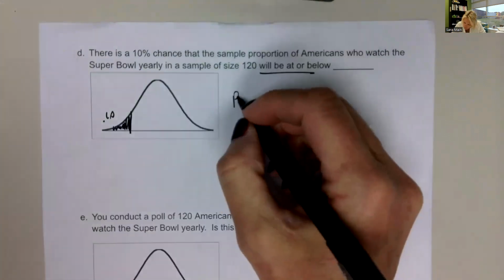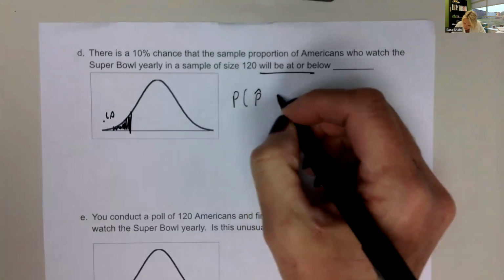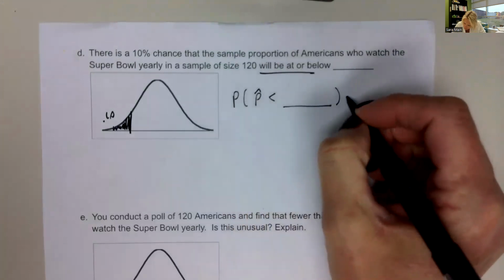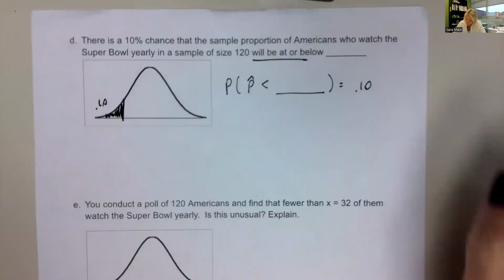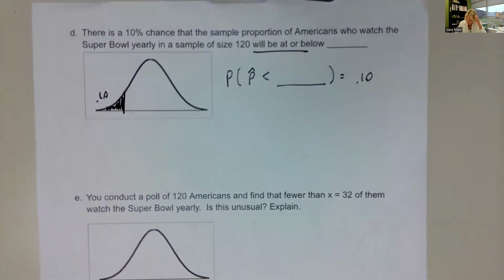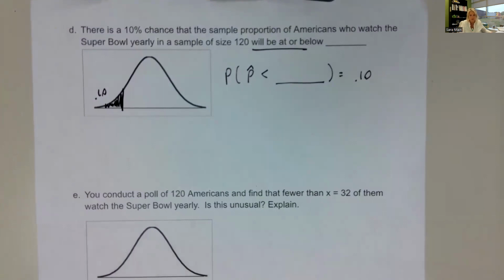So the probability that the p hat is less than something is 10%. So that's going to use our inverse norm, or inverse CDF.